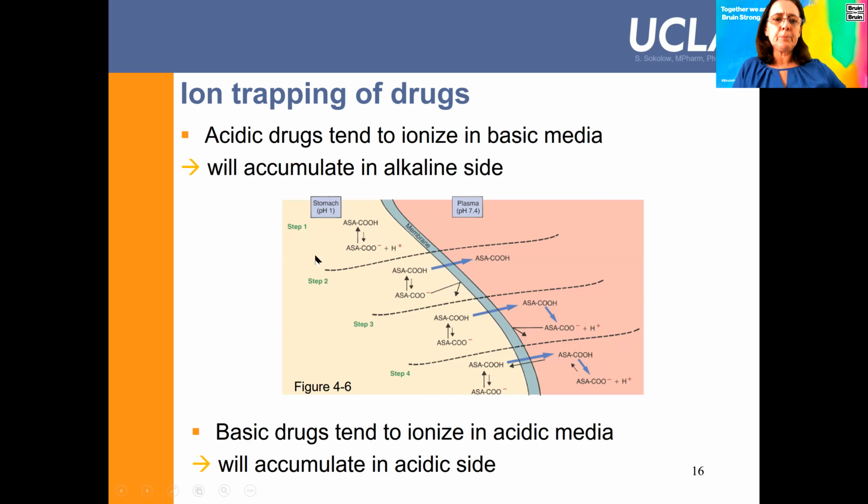So this is the example of aspirin. Aspirin is a weak acid. And here we're going to talk about the ionization of aspirin in the stomach.